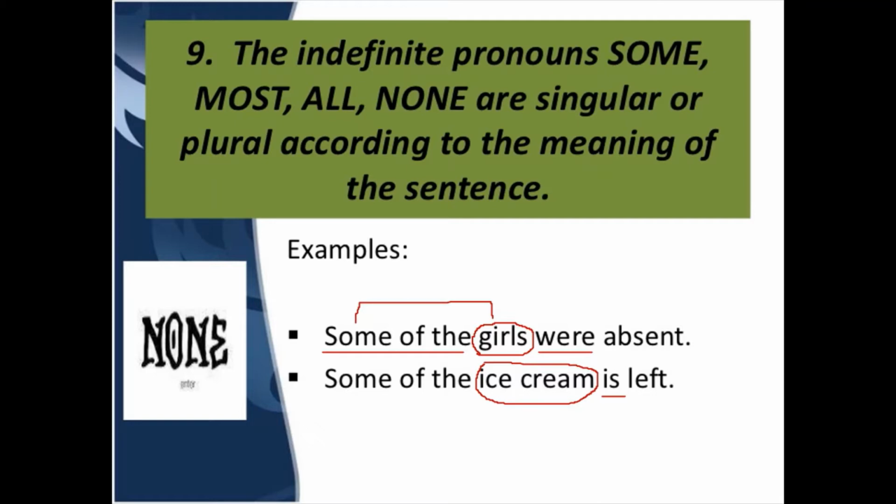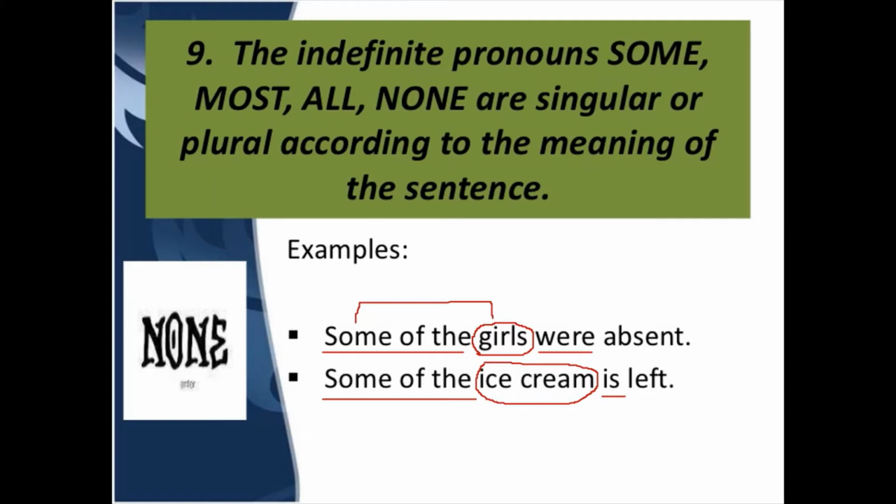Aside from that, the noun ice cream is preceded by some of the. So if it is preceded by some of the, the entire subject becomes singular. So some of the ice cream, that means a part of an ice cream. So if it is a part of an ice cream, then it is singular.